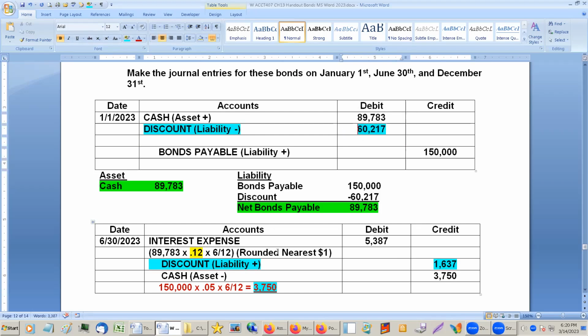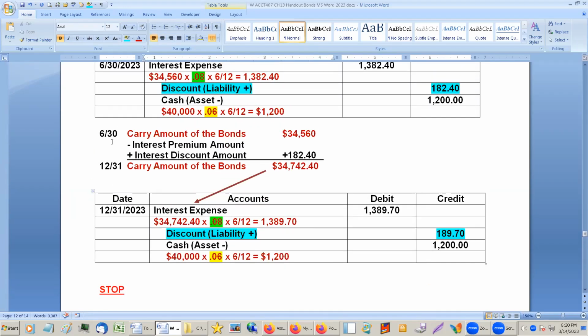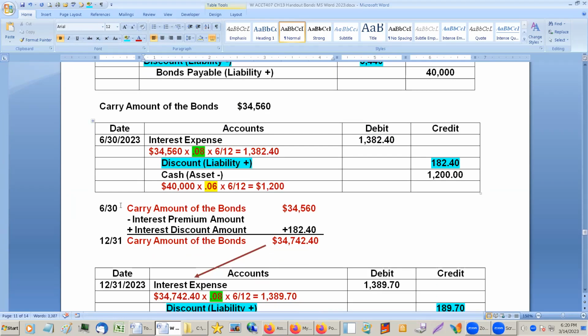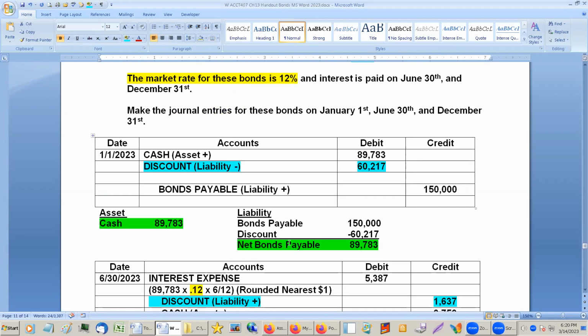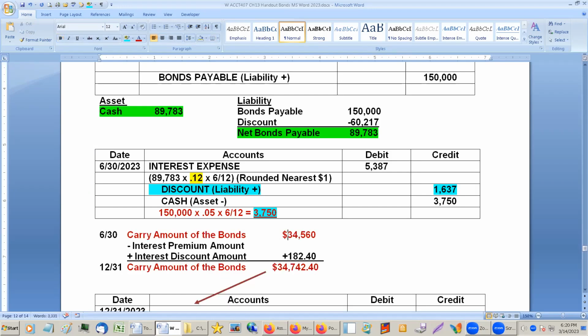So this is adding to the liabilities. It's less of a discount, but the way it works out is you just take the carry amount of the bonds, which was at least initially 89,783.